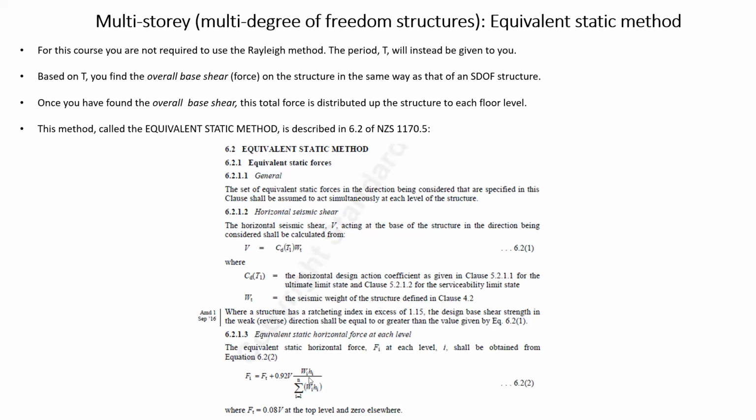Then the force at each level is Wi times Hi divided by the overall sum of Wi Hi, which gives you the ratio, times the base shear times 0.92. But when you get to the top floor, you add the final 8% of the base shear to the force. This takes into account what we call higher mode effects, so we don't have to worry about it too much. It's just a rule we need to know. For the top floor, it takes 8% of V plus this ratio.